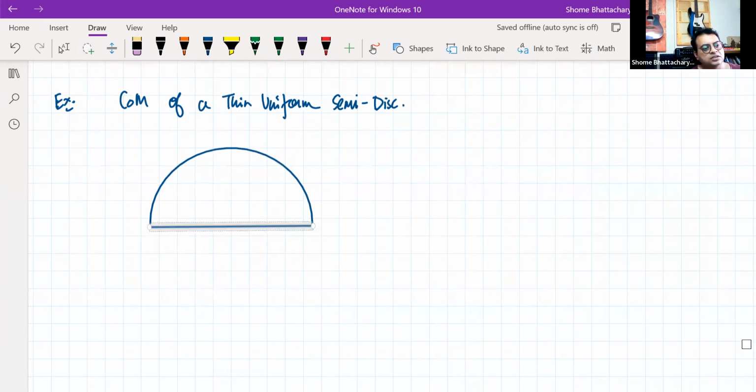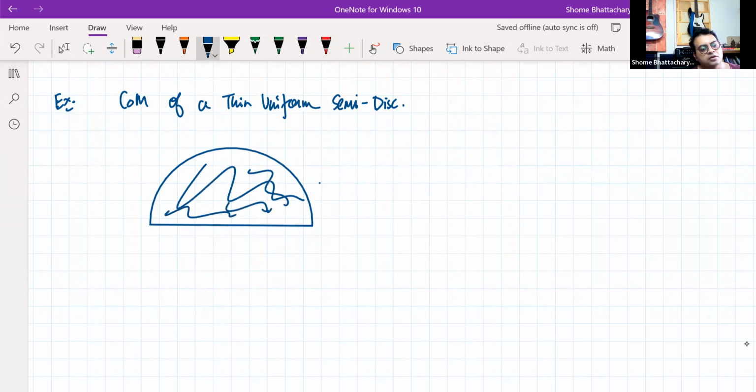So it's a surface distribution of mass, unlike the cases we were looking at earlier, which were all linear distributions. Let's say this semi-disk's mass is m and its radius is r. Once again, it has this axis of symmetry, and the center of mass will lie on that axis of symmetry.